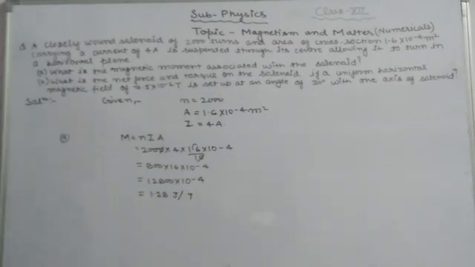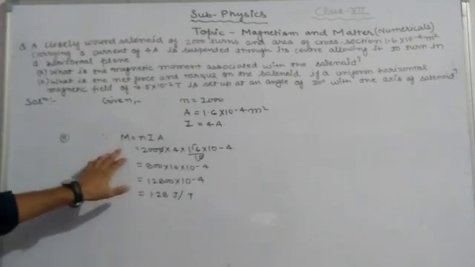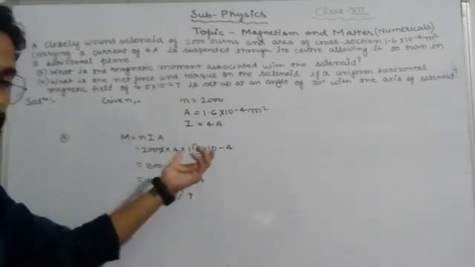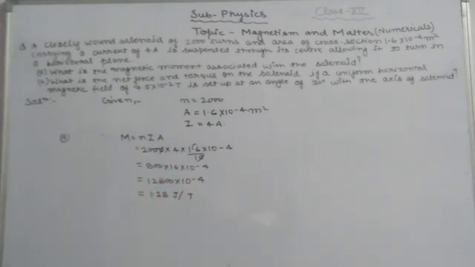In the first part it was asking about the magnetic moment associated with the solenoid. We have solved this: M is equal to NIA. We used only the formula, multiplied all the quantities, and got the answer 1.28 joule per Tesla. In the second part it is asking about the net force and the torque associated with it.